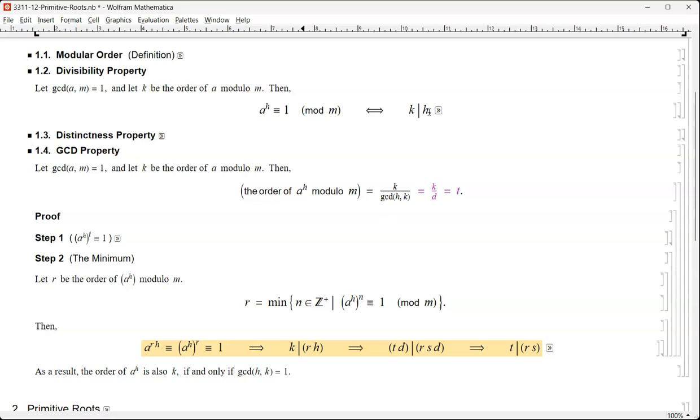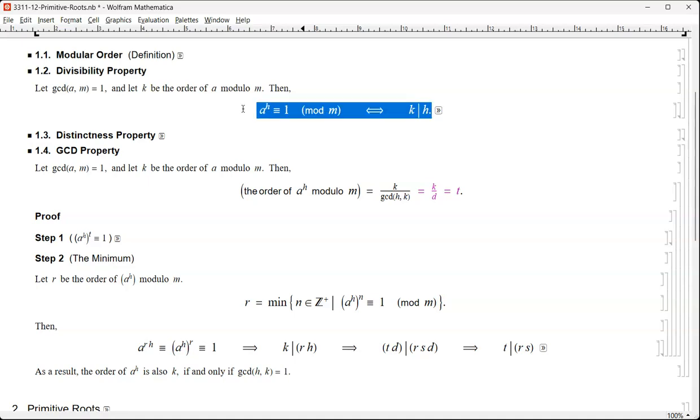Therefore, we can apply this divisibility property. K divides RH. Did you see that? So we just use the divisibility property, this one, which I highlighted in brown, right here.